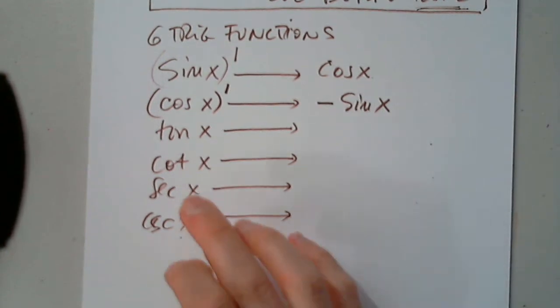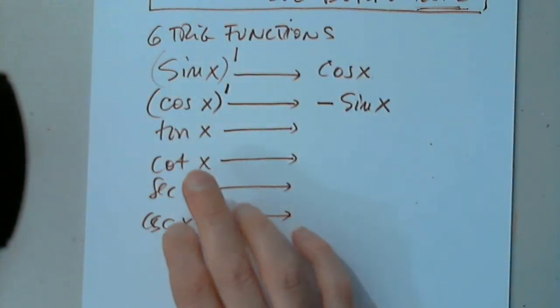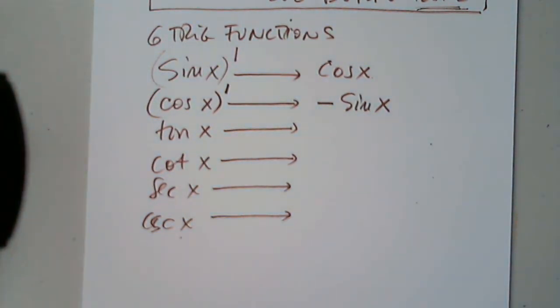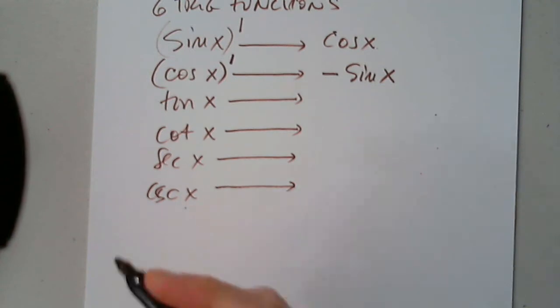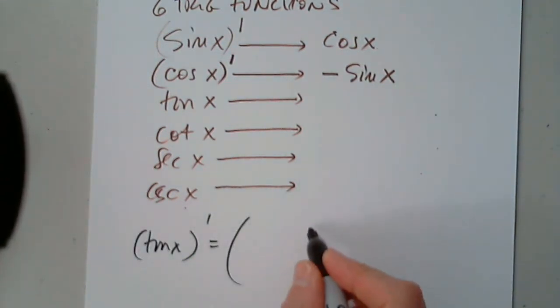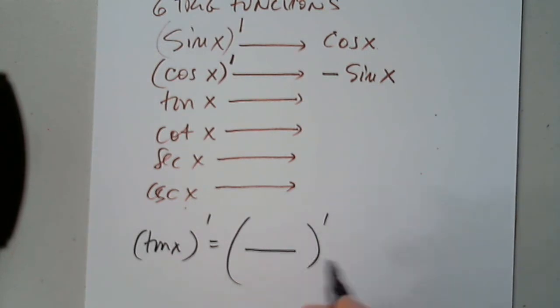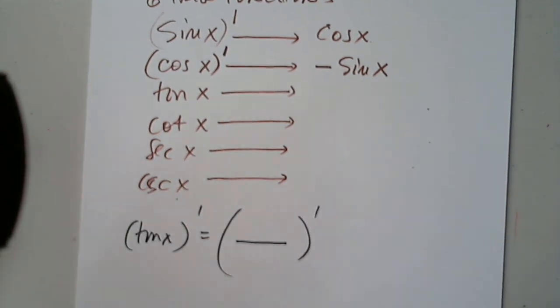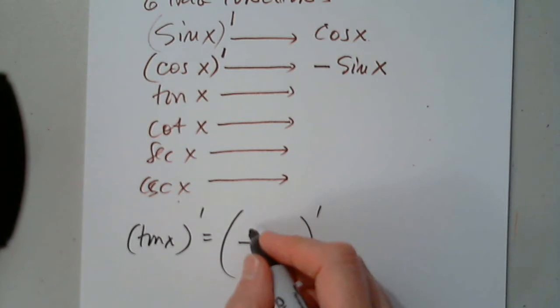We will have a little bit of a problem with secant and cosecant because we haven't studied the chain rule yet. But let's say we come up with tangent. So we want to determine tangent prime. Can anyone tell us what tangent equals? Sine over cos. Very good.